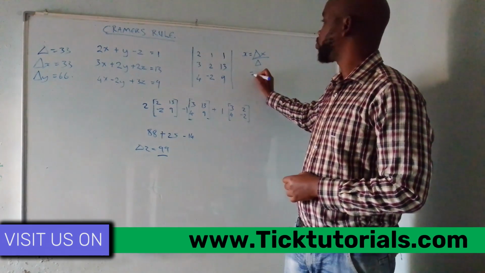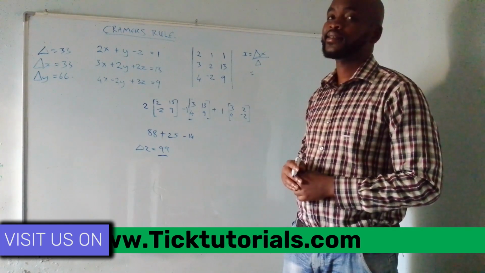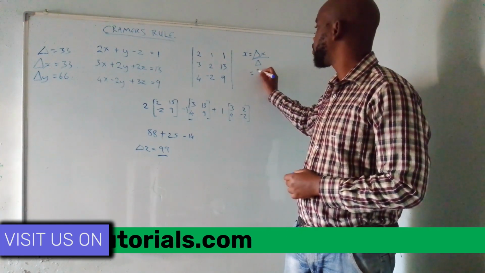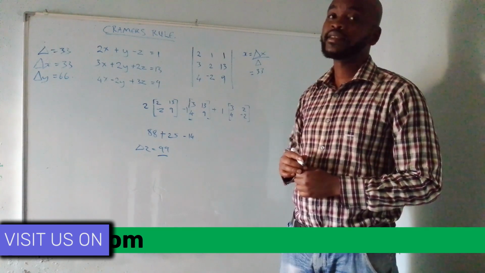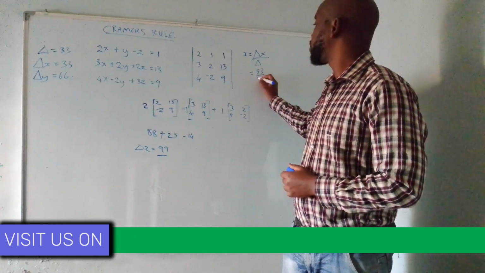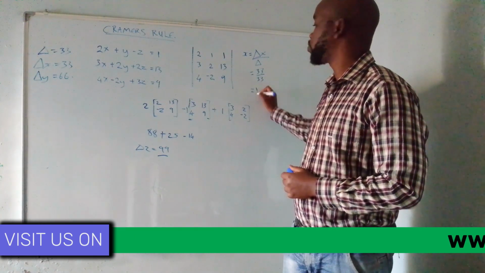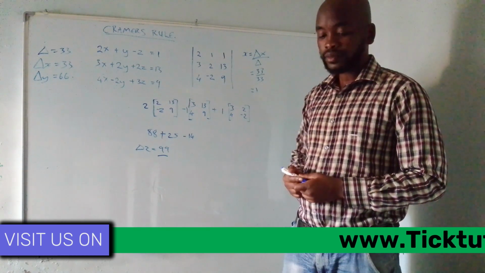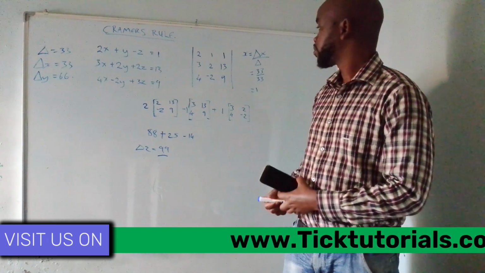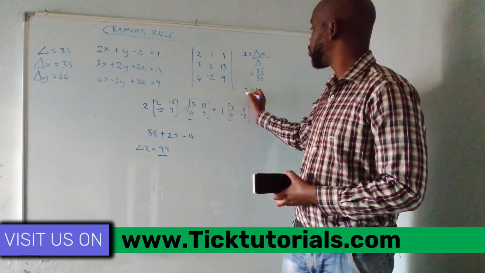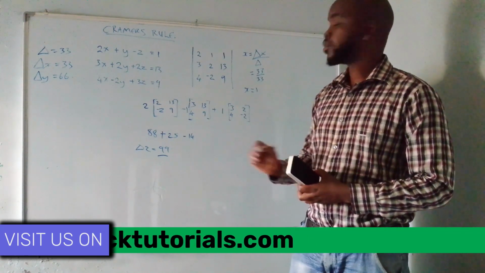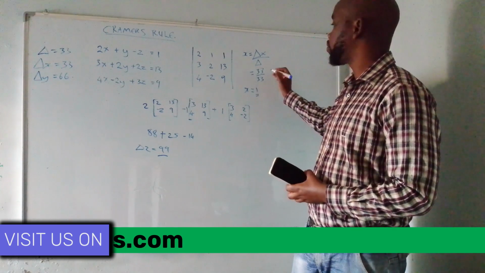So this will be equal to our change in x, we found it to be 33, and our change is also 33, so 33 over 33 will be equal to 1. So our x is equal to 1. We're going to do the same thing with these other variables.